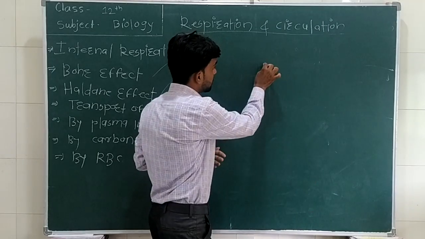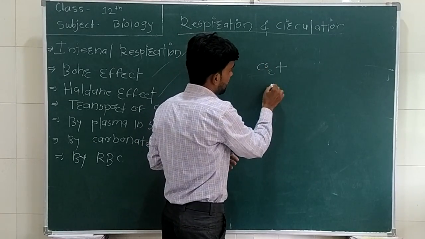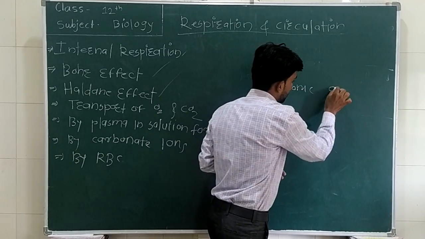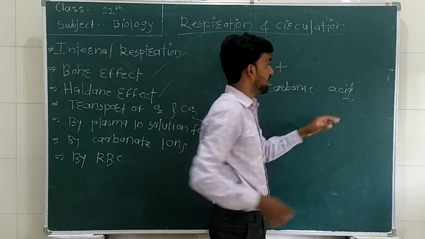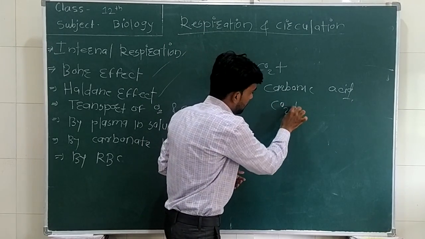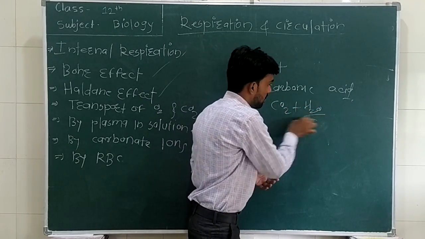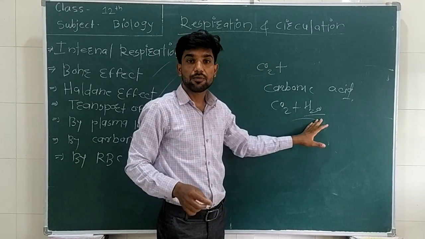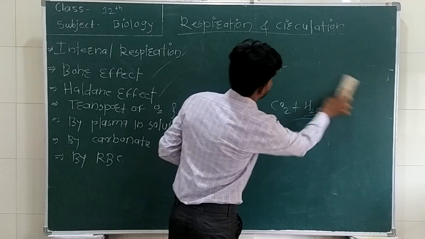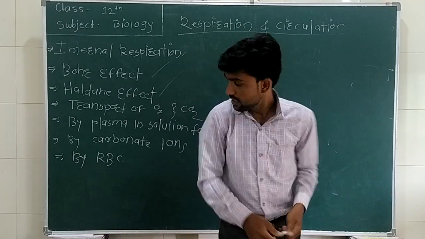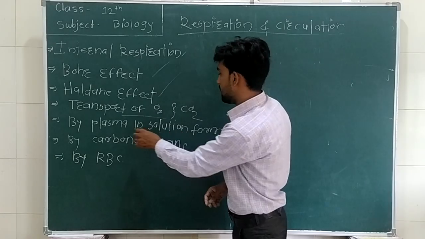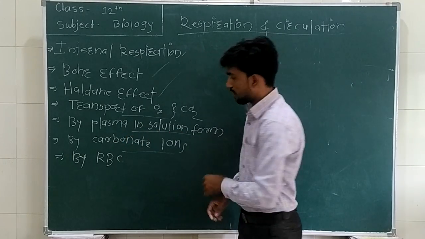Second, carbon dioxide forms carbonic acid, which breaks down into water and carbon dioxide. Third is the bicarbonate ion. CO2 with water forms carbonic acid and then bicarbonate ions.